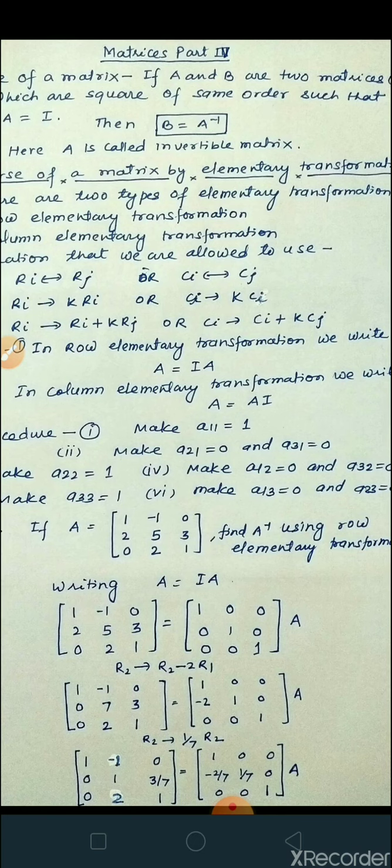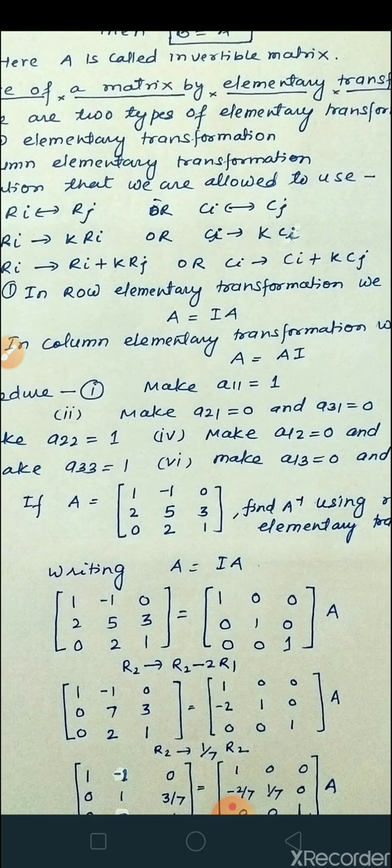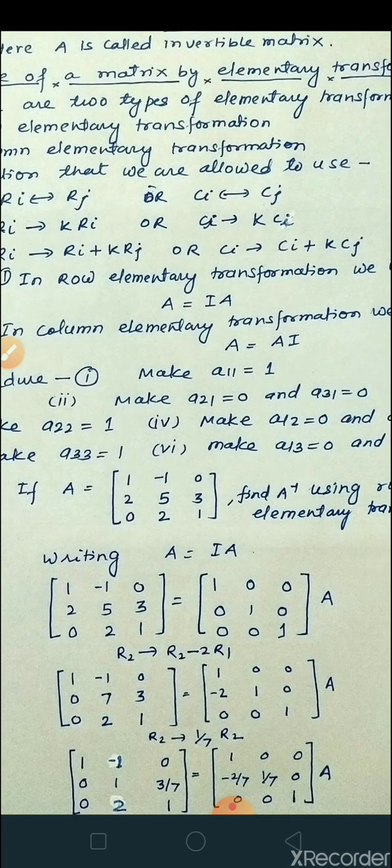For this we apply R2 is replaced by R2 minus 2R1. Now R2 minus 2R1 means we shall subtract 2R1 from R2. Now you can see that the matrix is [[1, -1, 0], [0, 7, 3], [0, 2, 1]]. In RHS, [[1, 0, 0], [-2, 1, 0], [0, 0, 1]] into A.